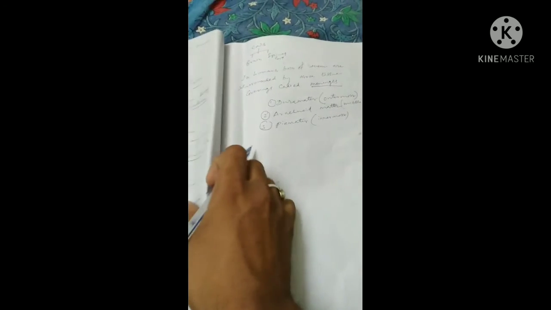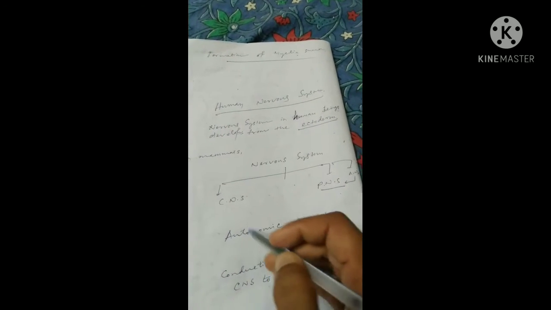And now I come to the nervous system of humans. It contains the central nervous system and the peripheral nervous system. We know the central nervous system contains the brain and spinal cord, and the peripheral nervous system contains the cranial nerves and spinal nerves. Cranial nerves are 12 pairs, we know: olfactory, optic, oculomotor, trochlear, trigeminal, abducens, facial, auditory, glossopharyngeal, vagus, spinal accessory, and hypoglossal.